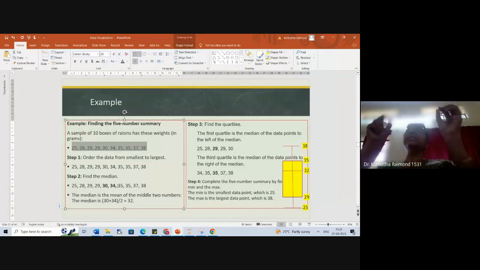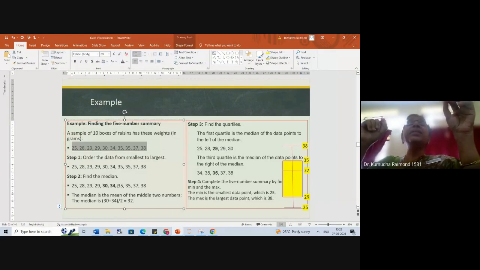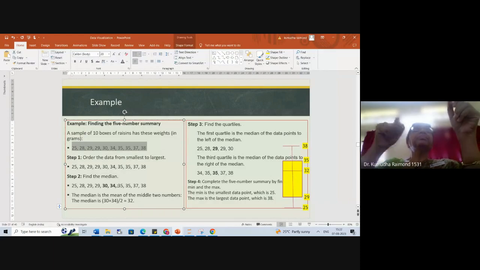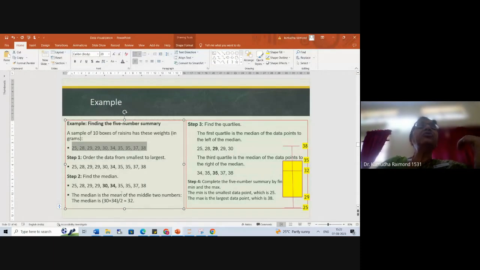So if the number of data points in the given data is odd, the center point I can directly take. But if the number of data points is even, in that particular case, I don't have one point as a center point. So in that case, I will take two middle points and then calculate the average. That is your median. And what is the first quartile and the third quartile?